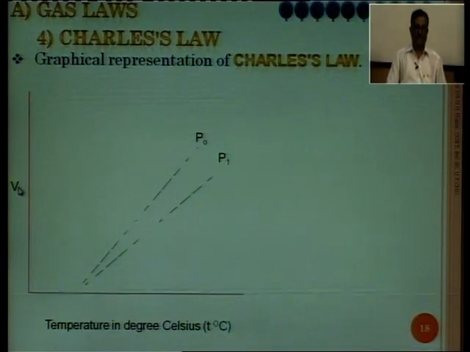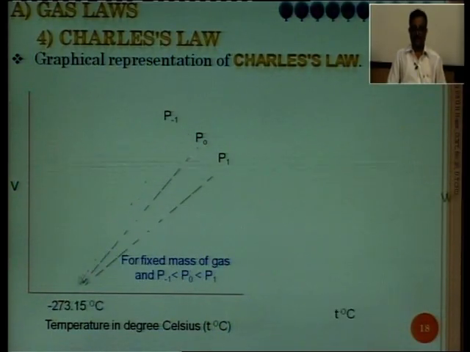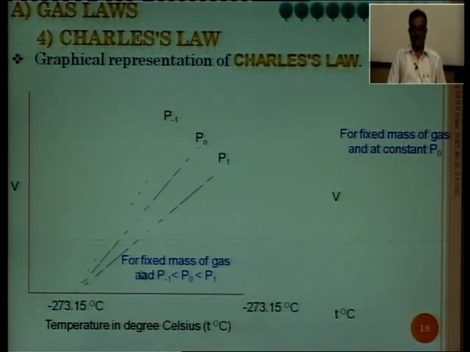So, again it shows that the volume of a given mass of a gas increases with increase in temperature. If you take all three, it illustrates that throughout one experiment there is a fixed mass of a gas, and here as you change the pressure, see this is P naught, P minus 1, P1.